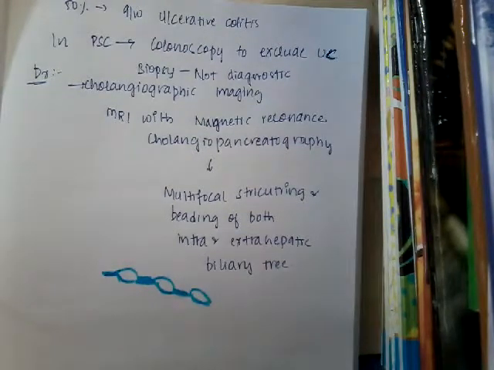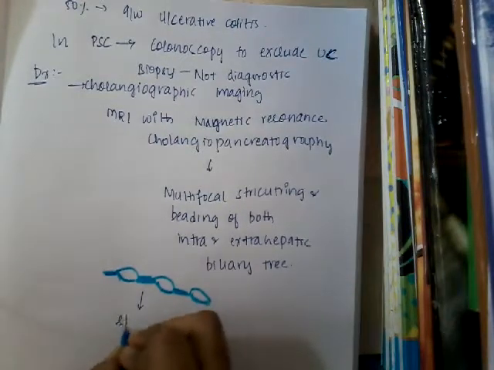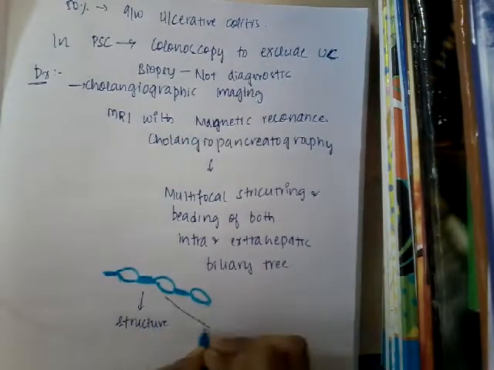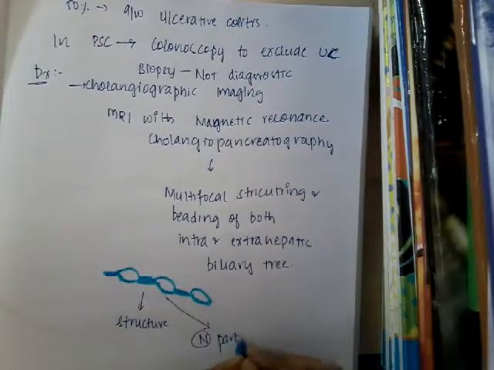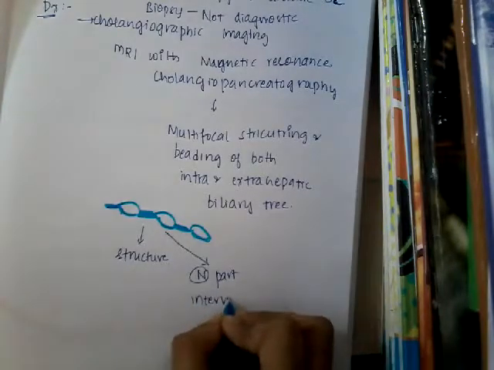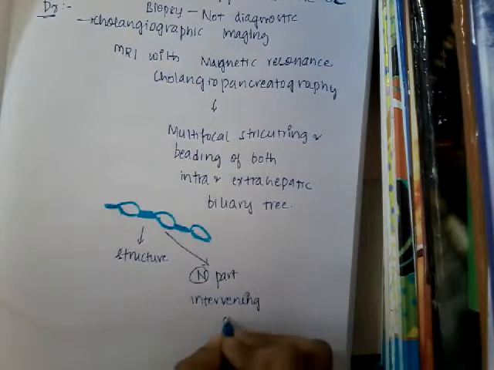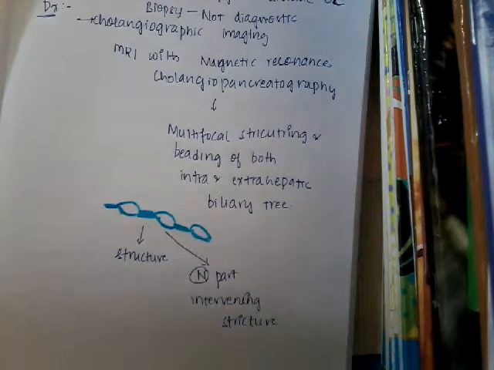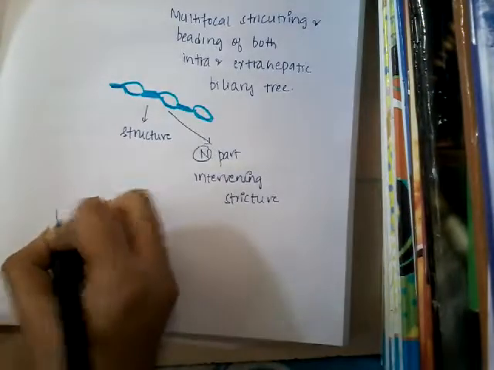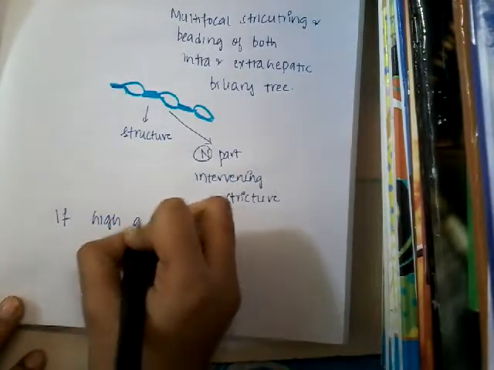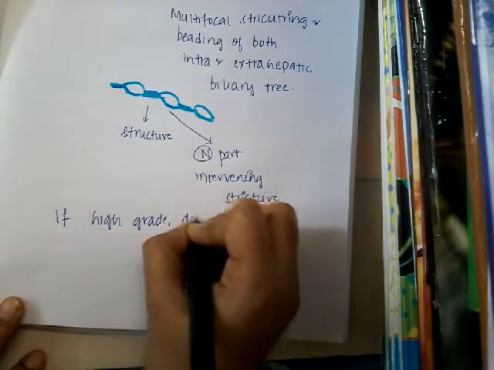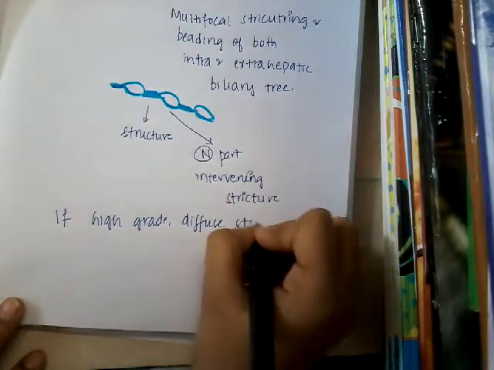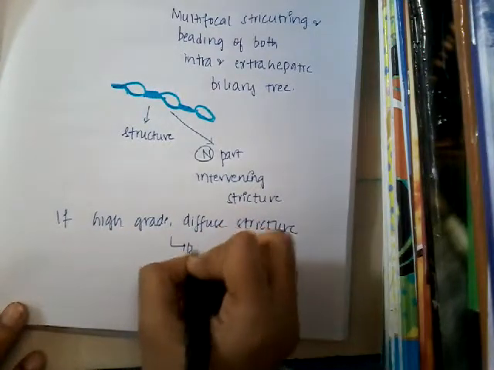This is how the beading is seen. So this is what is seen in MRI with magnetic resonance cholangiopancreatography. Okay, if the patient has high grade diffuse strictures, then this has poor prognosis.